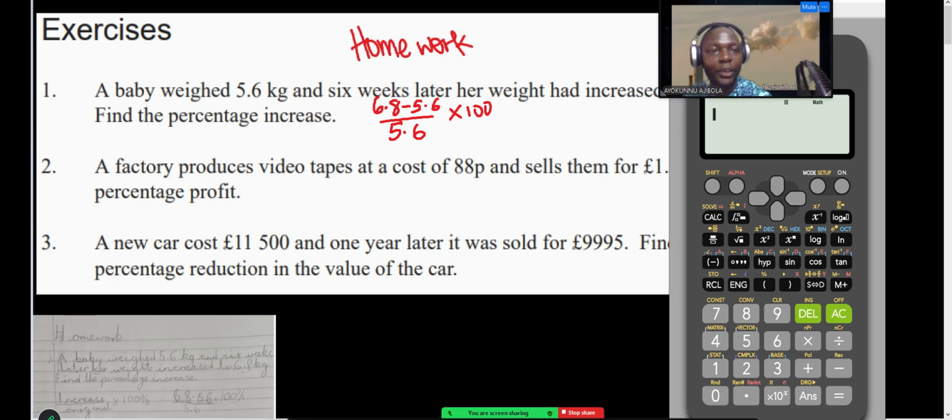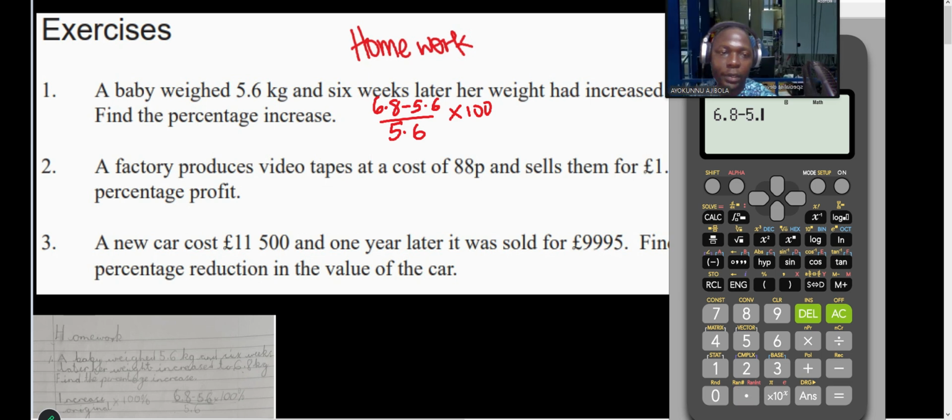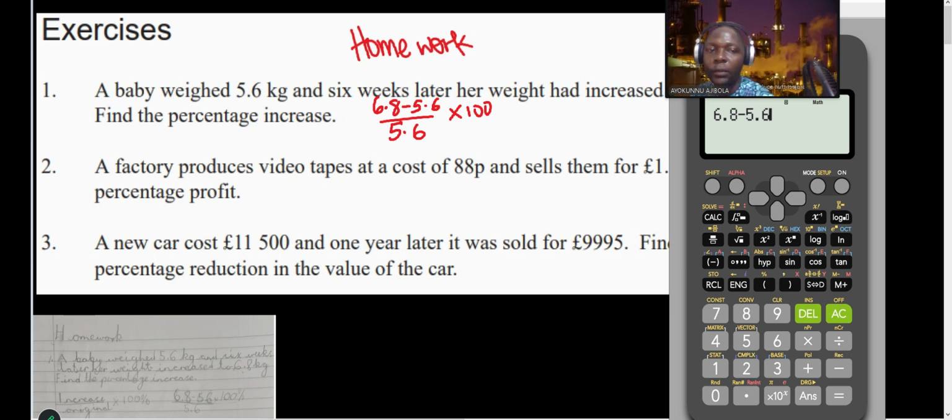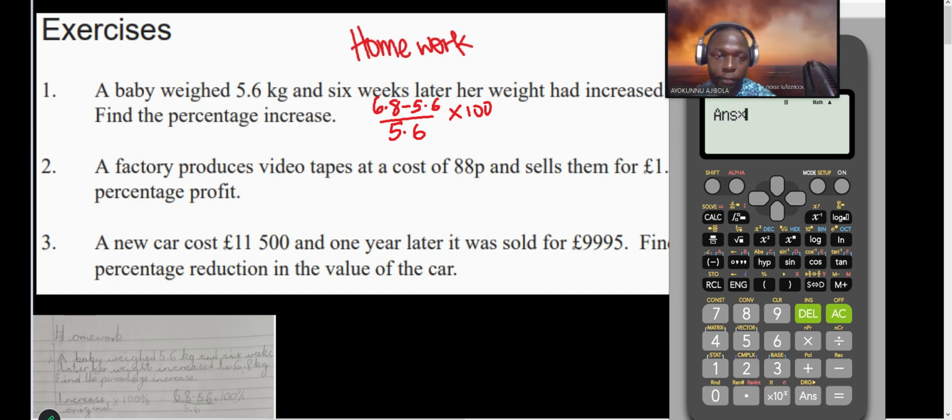Okay. So we get 6.8 minus 5.6, and that's going to be whatever it is, then times 100.